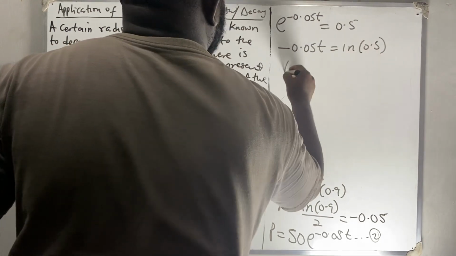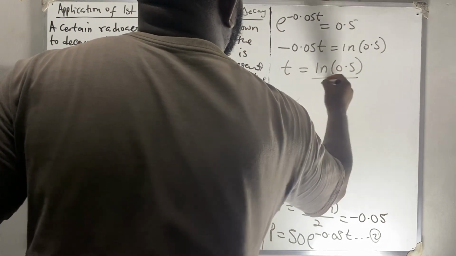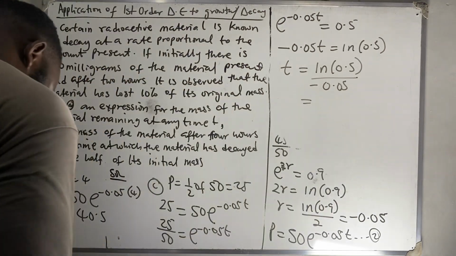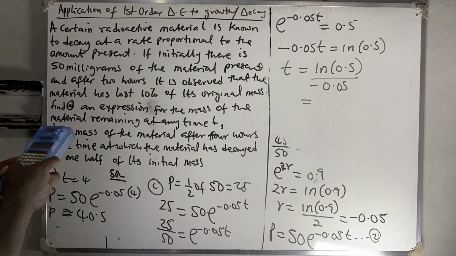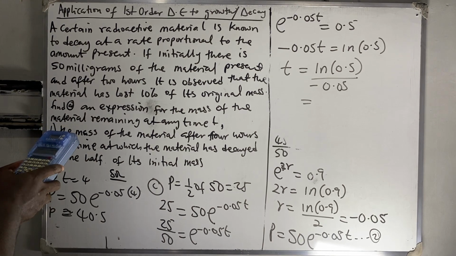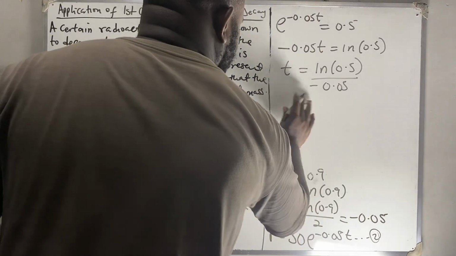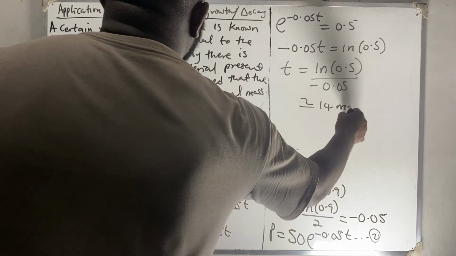So if you do that, t will now be ln 0.5 divided by minus 0.05. So ln of my answer then divided by minus 0.05, I'm having 13.9.